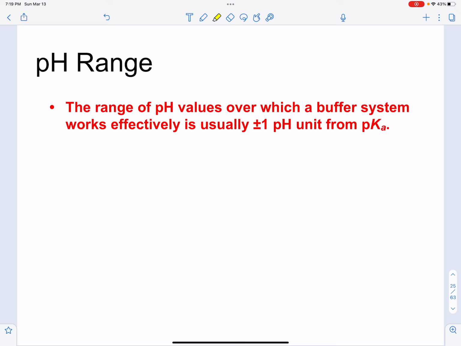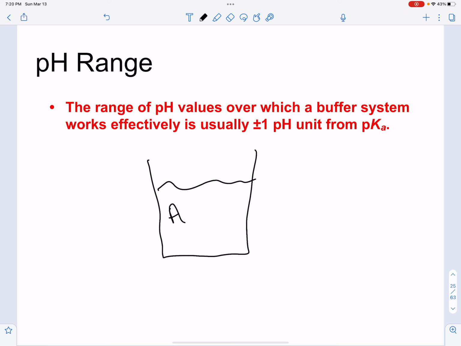So let's talk about the pH range. So what is the pH range? Well, remember, if you have a solution which is a buffer, right? You're going to have conjugate base, you're going to have acid, and then every time you add base to it, the base reacts with the acid and it gets neutralized.